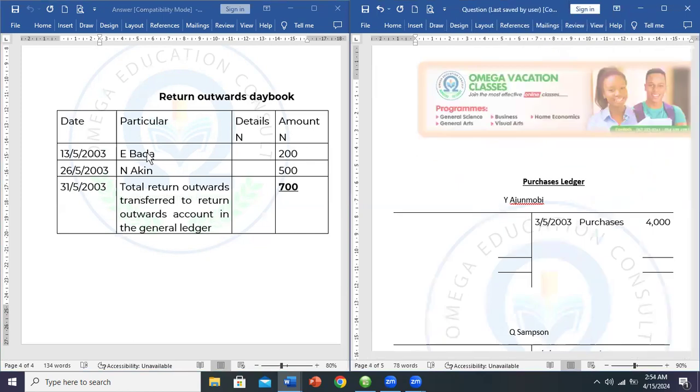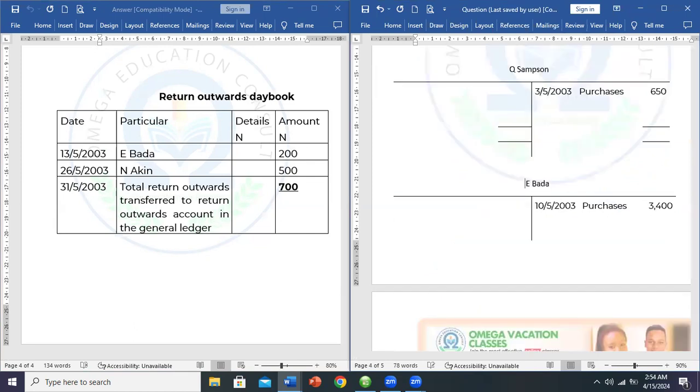So we locate Ibadah's account. Here it is. What entry are we supposed to pass? We are supposed to debit the creditor when we return goods to the creditor. Again, when you get confused, when you purchase from the creditor, you credit. So when you are returning goods back to them, they are receiving the goods, so debit the receiver.